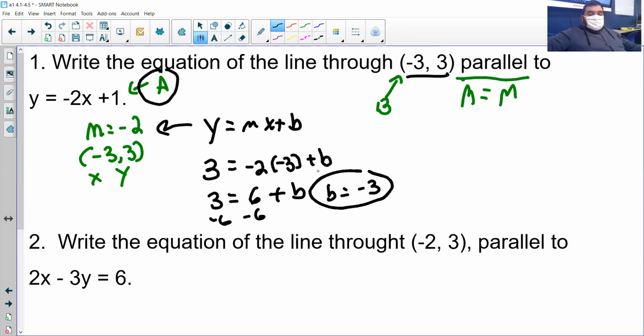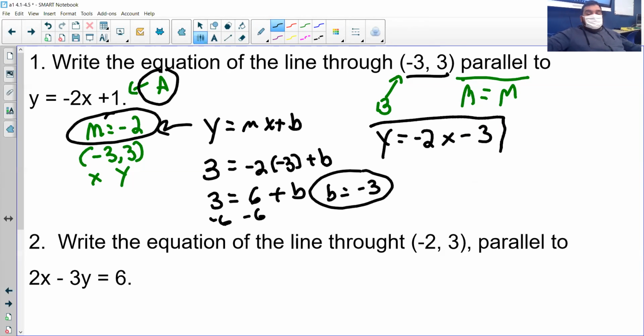So I have a B and I have an M, so I can make the equation y equals -2x minus 3. That's it. Did we make an equation of a line? Yeah, we did. And this is an equation of a line that could hold -3, 3, and it's parallel to the original equation.